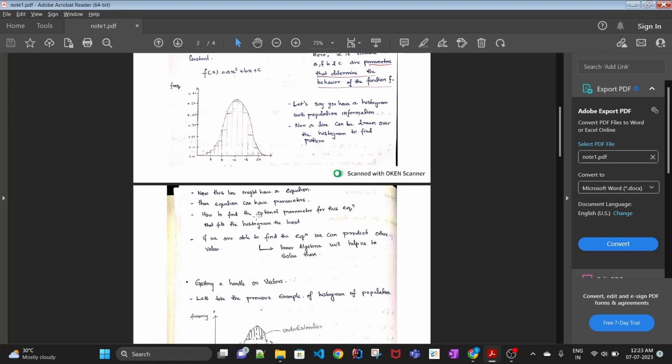Now, in order to find the optimal parameters of this line, we might need the help of linear algebra, which we will look into in future lectures. So this is one example where linear algebra will help us to find the optimal parameters.